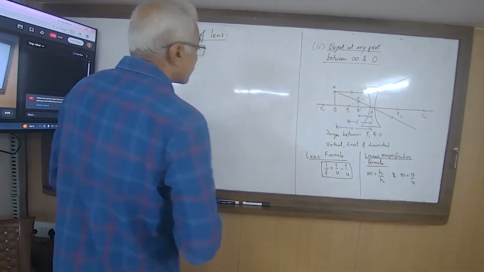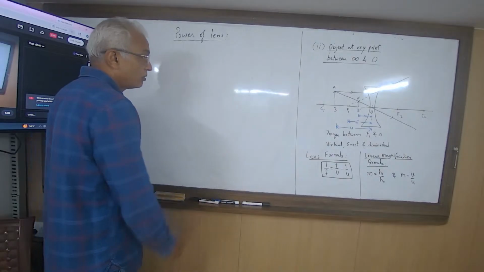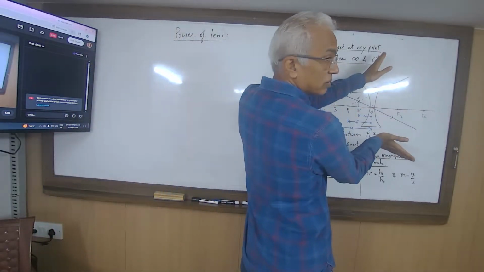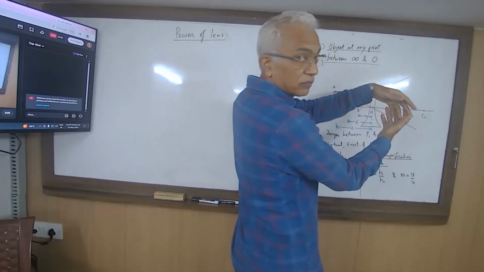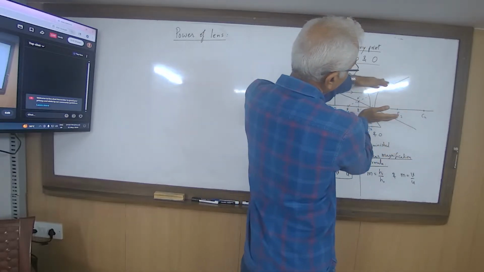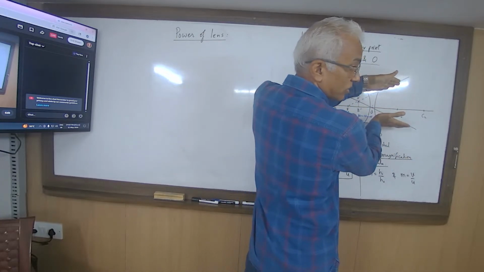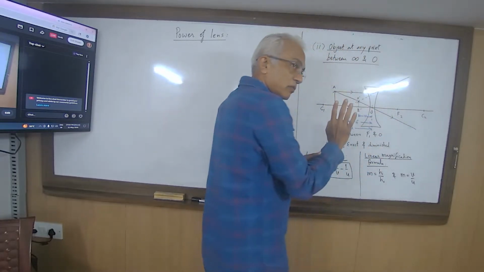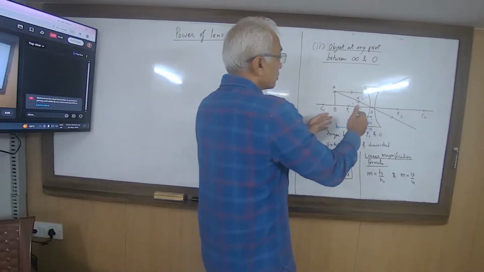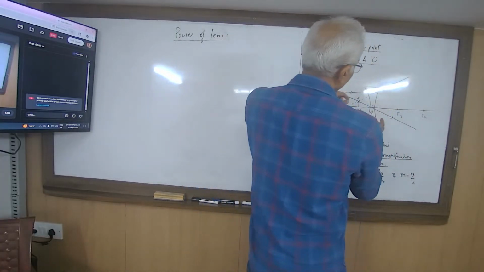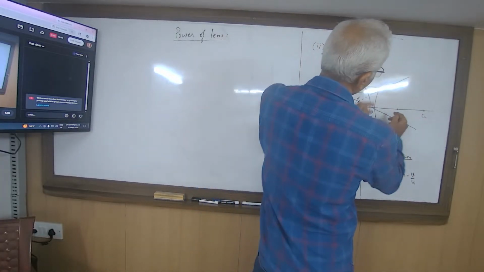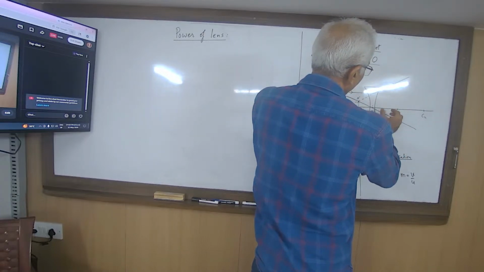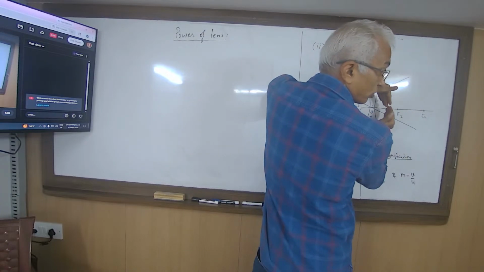Now what is power? Power of a lens is the ability of the lens to diverge or converge. Say you have a lens which is diverging this much. If you have a lens which can diverge more than this, it is more powerful. Likewise for convex: suppose you have a convex lens whose focal length is here. Another lens with a shorter focal length has converged more.